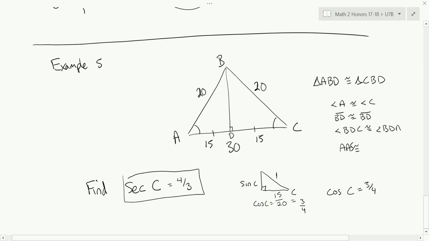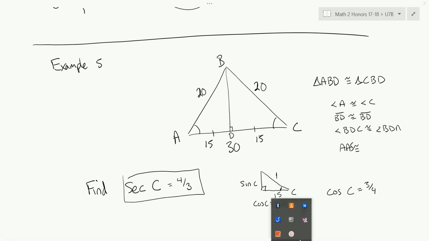And so we know these two triangles are similar by angle, angle. And so we're just scaling it down so that we have a triangle with a hypotenuse of 1. So if this is 20, I need to divide by 20 to get the hypotenuse of 1. So I took the 15, divided that by 20 to get the new side length here, scaling it down. And so now that's how I'm getting the cosine. And then you get the reciprocal for the secant. Okay. All right. So that's the end of our notes.